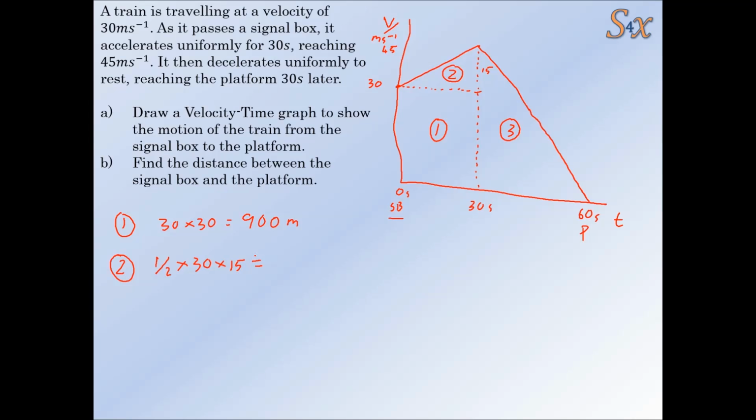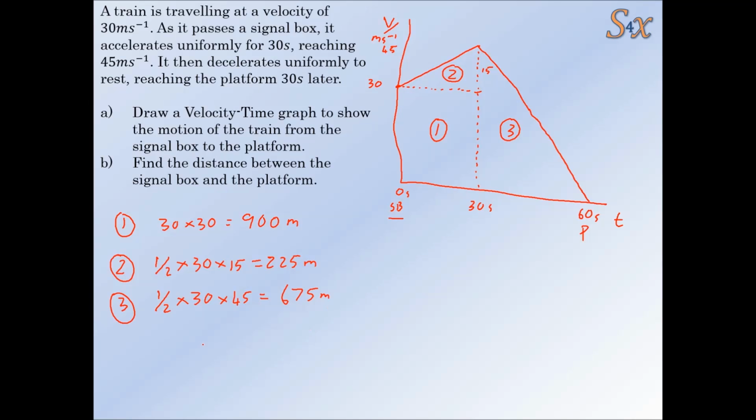And that gives us 225 meters. And for the final area, number 3, we've got a triangle again. So it's going to be half times the base, which is 30 seconds, from 30 seconds to 60 seconds, times the height, which is 45 meters per second. So we can figure out that area, which is 675 meters.